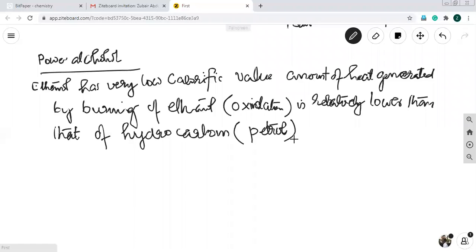Okay. So what is generally done is you add ethanol to increase the octane number.